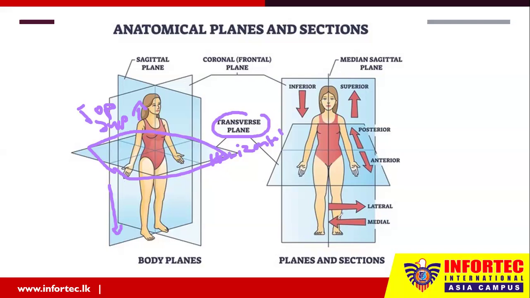Superior and inferior parts. So this transverse plane divides our body into upper and lower sections. Upper means superior, lower means inferior, right? Commonly we use this transverse or horizontal plane in imaging, like CT and MRI scans, in order to view internal organs like the liver, kidney, and brain.